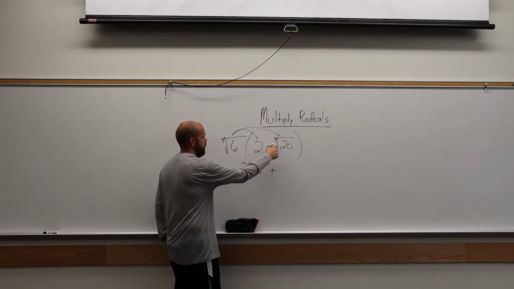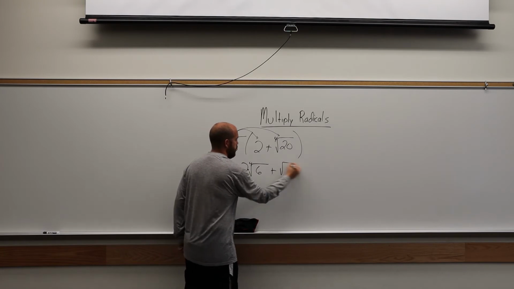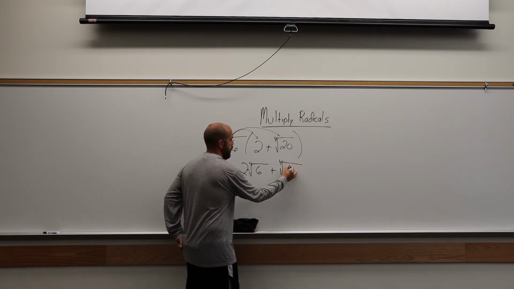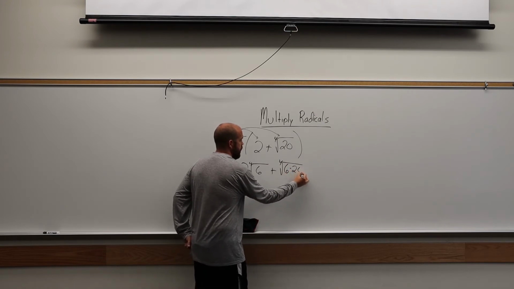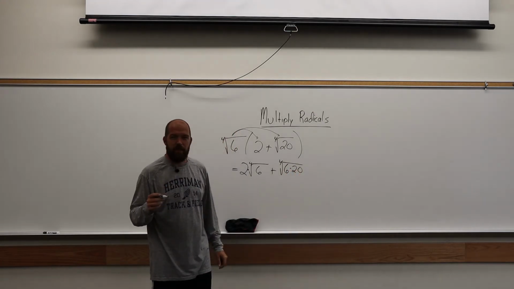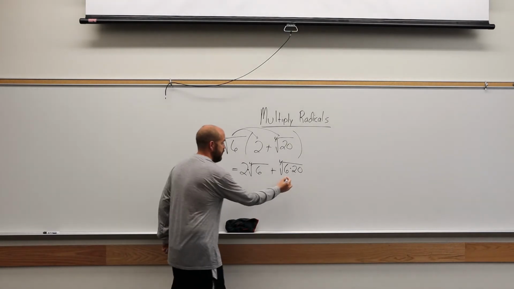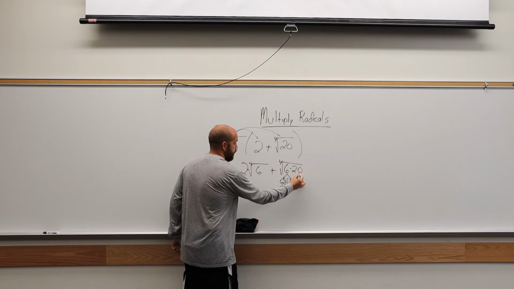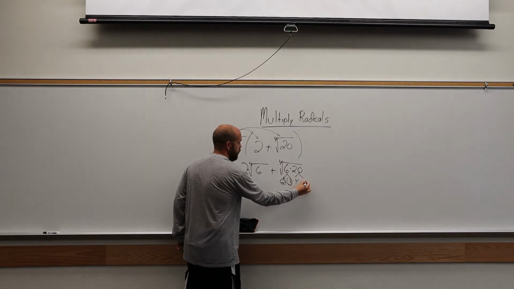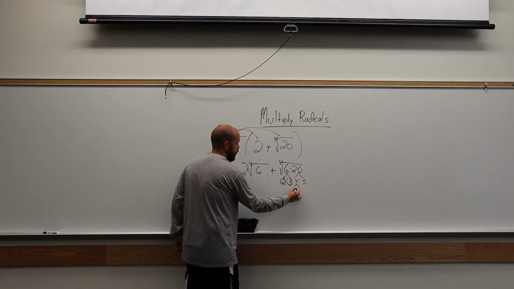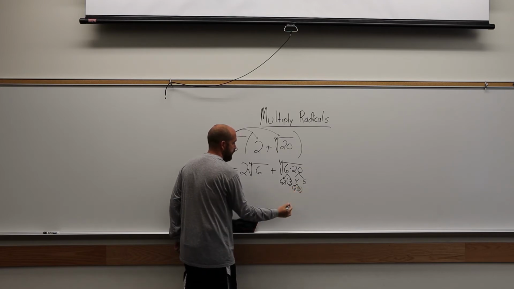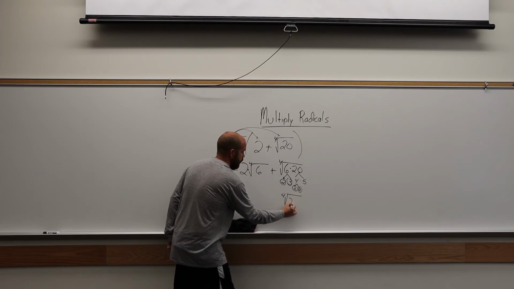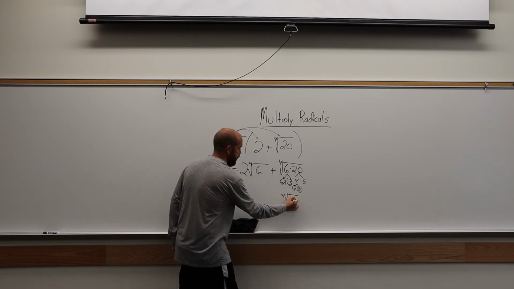plus. Okay, now these have the same index, so I can put them together in the same one. 6 times 20, I'm going to leave as 6 times 20 because I need to break it down and see if I can actually simplify that. 6 is really 2 times 3. 20 is 4 times 5. And 4 is 2 times 2. So if I was to rewrite this whole thing here, I would have the 4th root of 2 to the 3rd power.